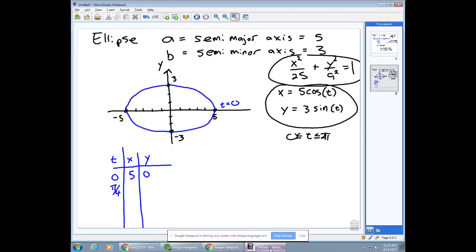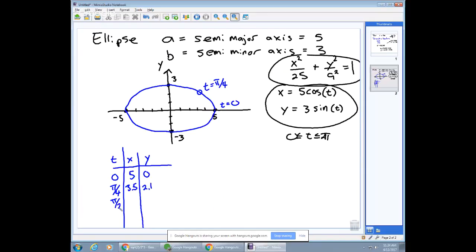So I should have the point 3.5, 2.1, which is kind of on track where I have that. That would be about right there when t equals pi over 4. So it's about 3.5, about 2.1.